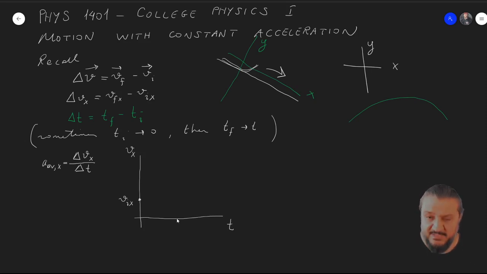And a certain t time later, let's say my velocity increased to a value which we call v final x. So these are the initial and final values of the velocity.